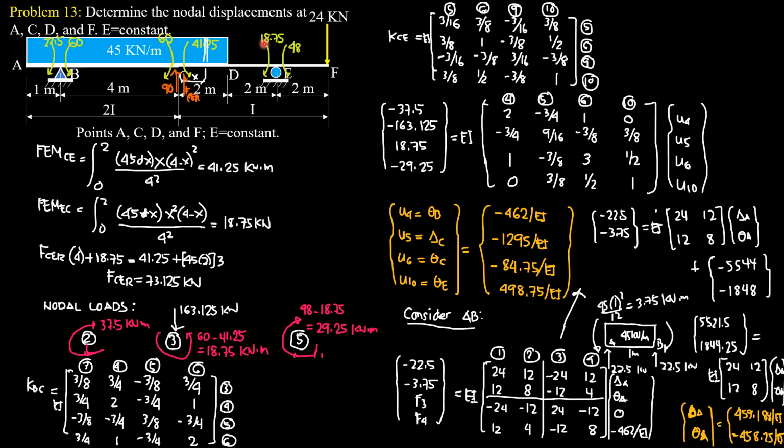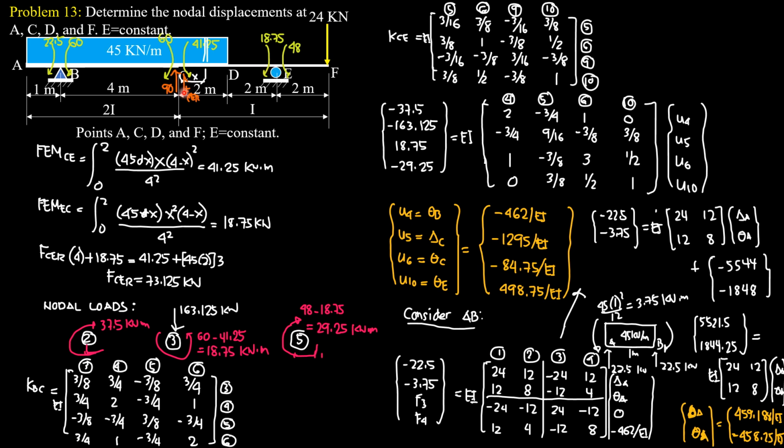Likewise, the fixed moment EC, which is this, is the same integral except that we interchange the factor that is squared. So x is now squared, 4 minus x is just raised to 1 over 4 square, same limit 0 to 2. So 18.75 kilonewton meters as shown. This fixed end force at E just to the right is obtained by summing up moments about the other end.